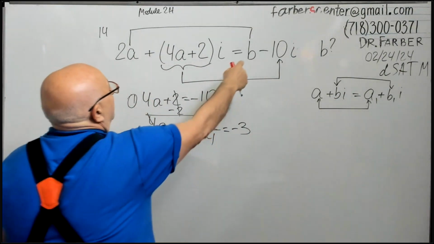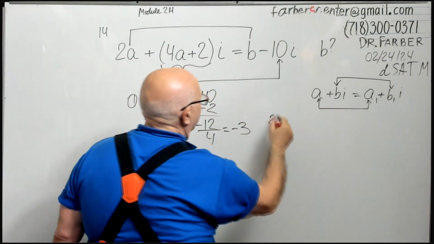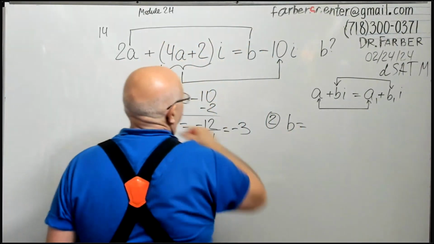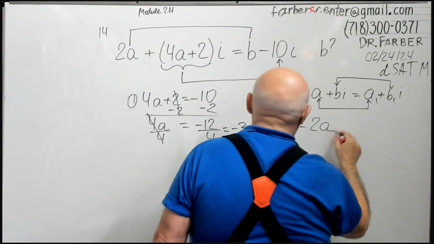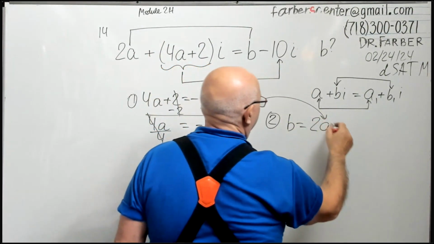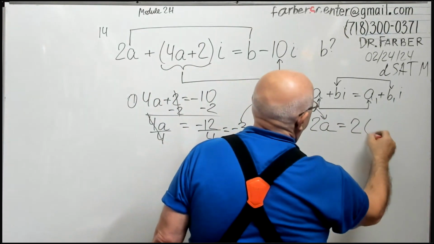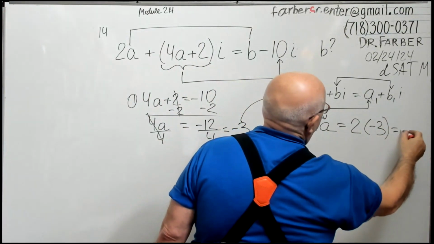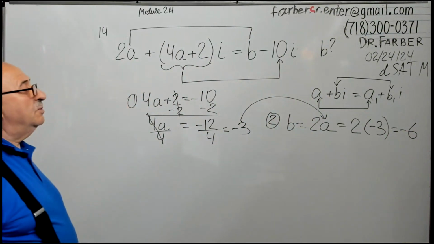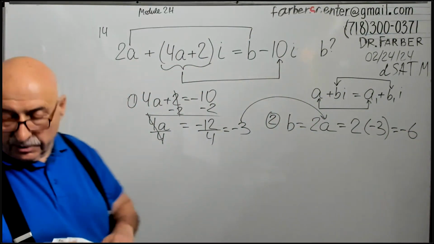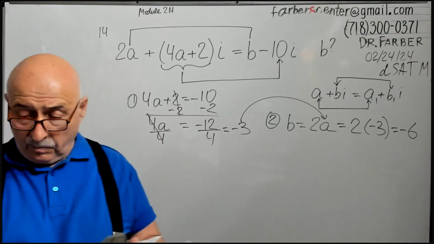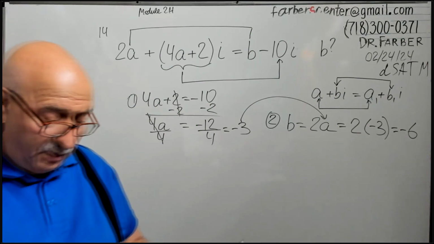Step number 2, b equals 2a. Grab this a, negative 3, over there. It will be 2 times negative 3, which is negative 6. I only use the definition of equality of two complex numbers. So far, so good? Good, good, good.